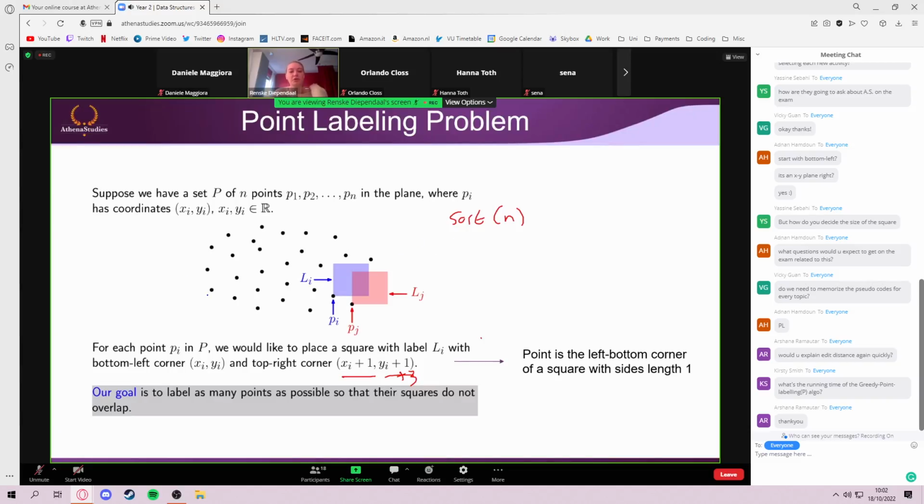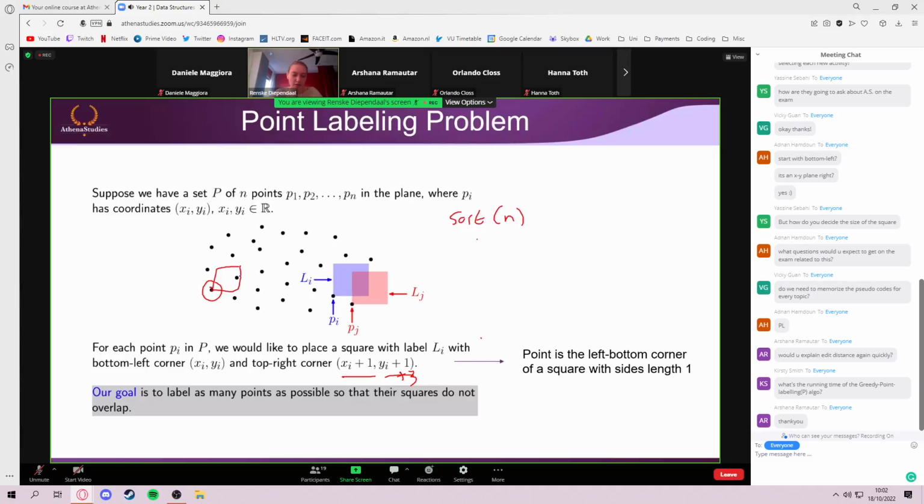Right, so you need to know which one am I going to take, which is the smallest one. And then you want to place a label for each one. So for every point that you have, you place the label, and you sort of check which ones overlap, right?